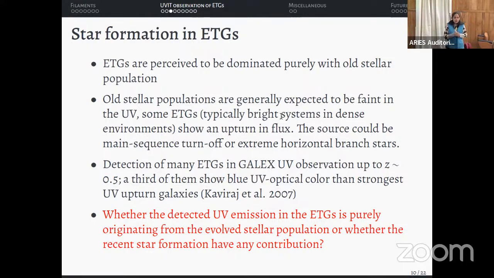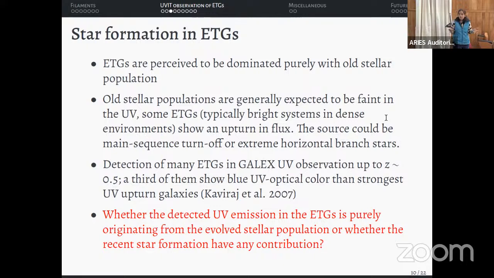But lately we have detected a number of galaxies emitting in UV, using galaxy observations. The UV emission in these galaxies is a result of UV upturn. UV upturn is just the inflection of flux on the UV side of your spectral energy distribution, and this comes from the presence of extreme horizontal branch stars in the galaxy.